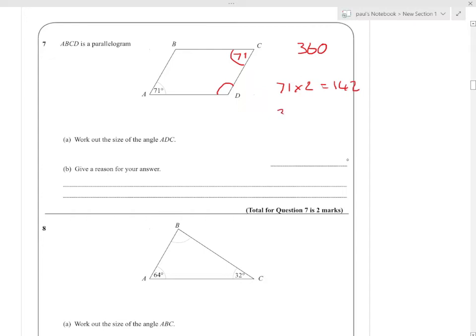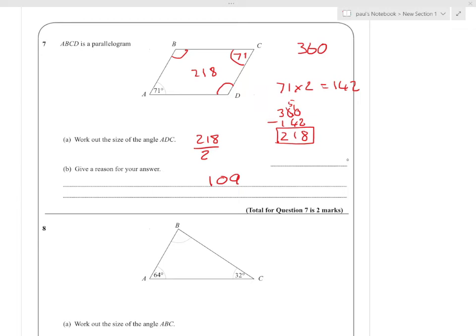Take it away from 360. 360 minus 142 is 218. So it means that these two angles, this one up here and this one, share that 218. So if we divide 218 by 2, we get 109 degrees.